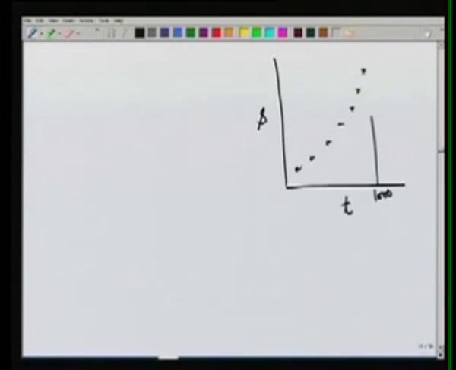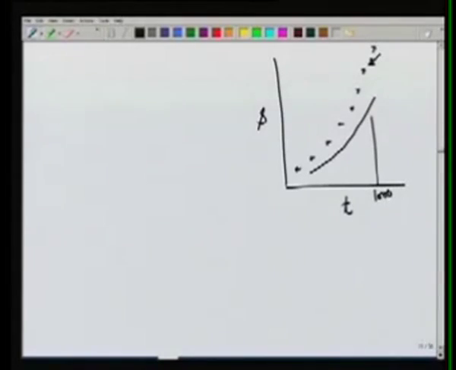It is possible that depending on the storage coefficient and transmissivity values, the value of u corresponding to this time, the largest time, may be more than 0.01. So in that case, we need to continue the test for a very long time, which may not be economic.